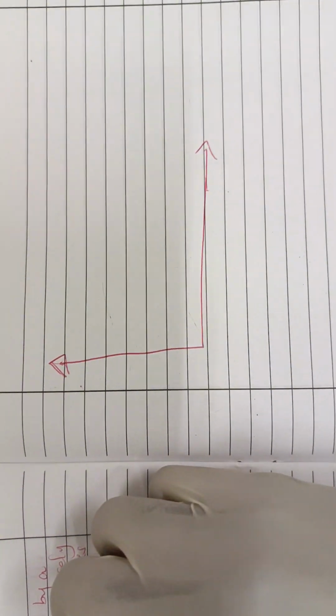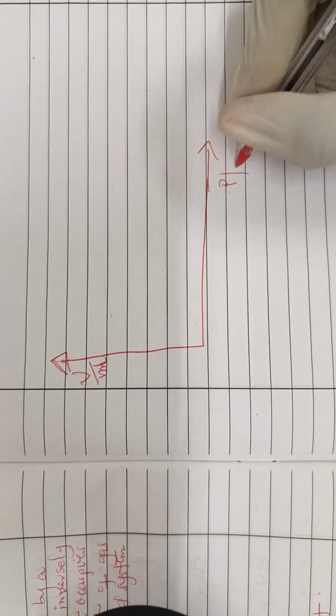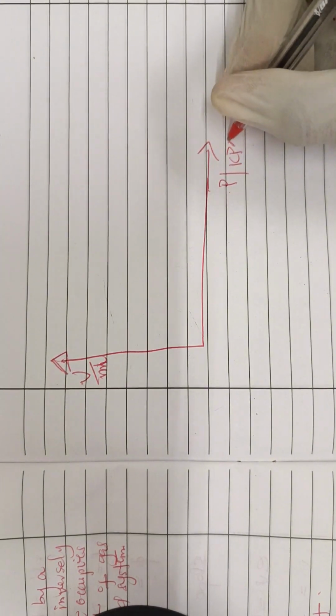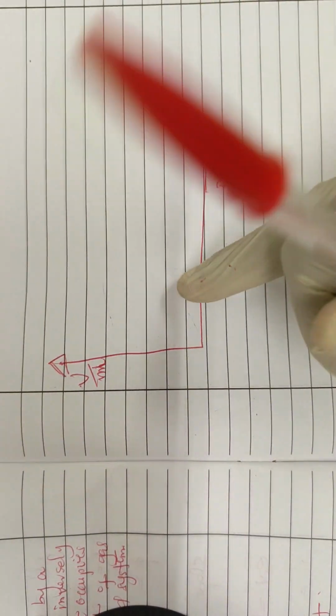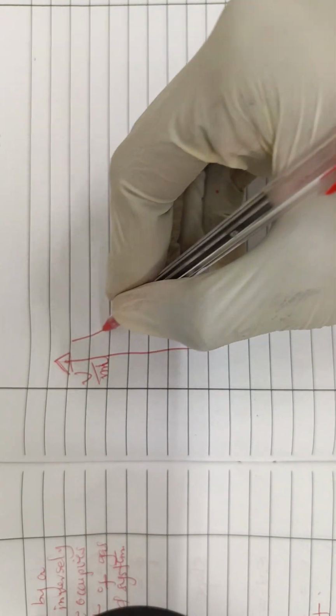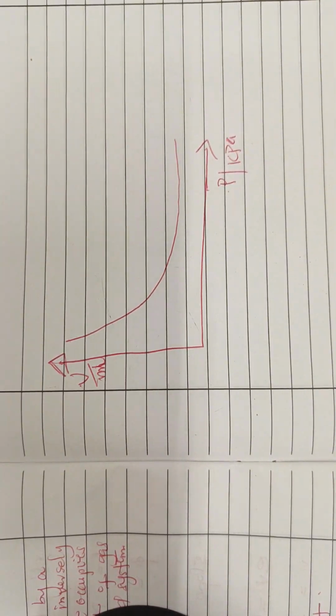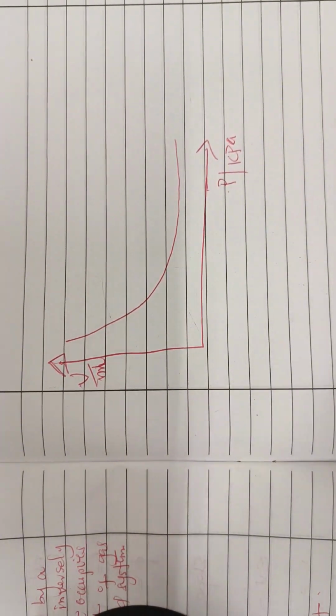The first graph that we'll be plotting is V on P. This is the first graph that we'll plot, and the first graph is supposed to give us a curve which looks like this. So that's the first graph. We are plotting two graphs, mind you.